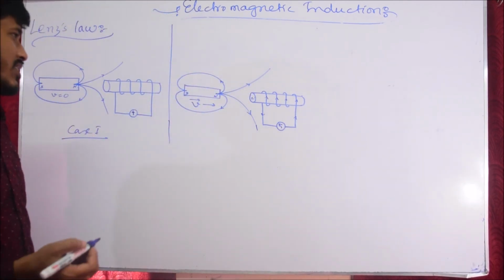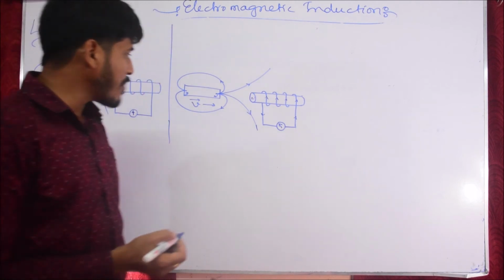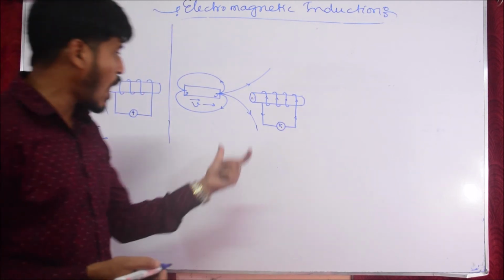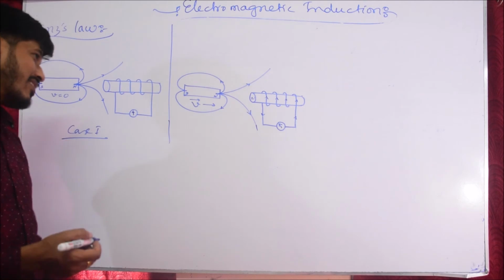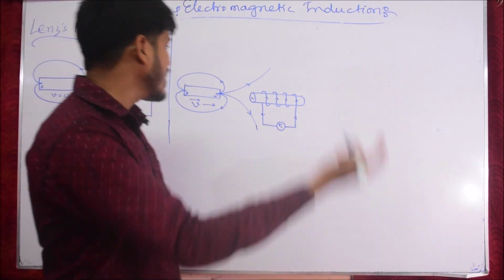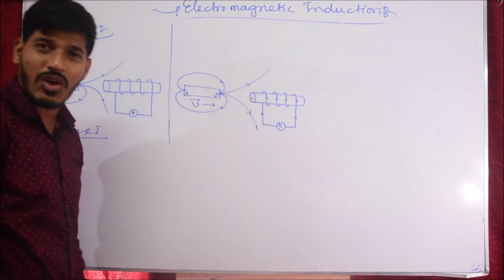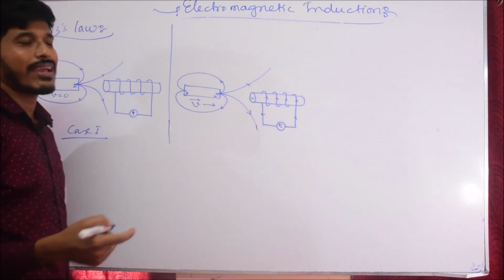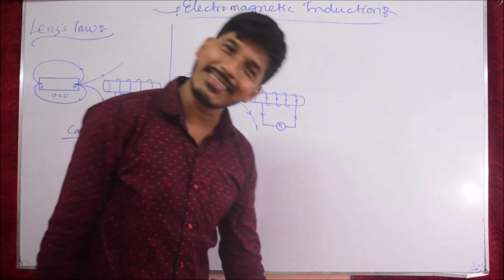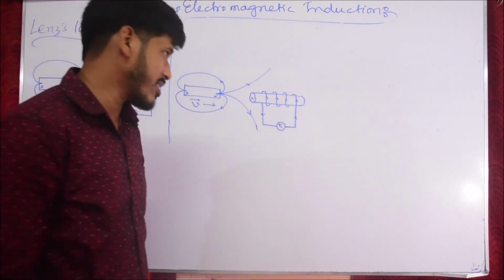Galvanometer will show deflection. So as the magnet is moving towards the coil, there is a generation of induced EMF in such a way that it opposes the cause, and to oppose the magnet, this is north pole, and to make it north pole, the direction of current is like that, induced EMF accordingly.